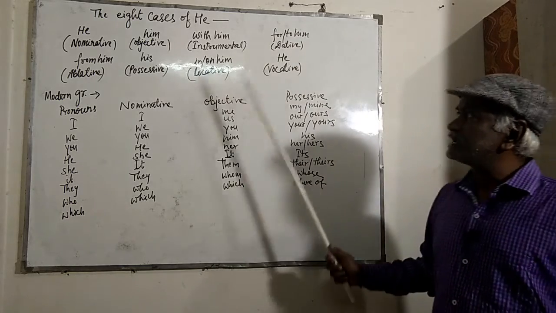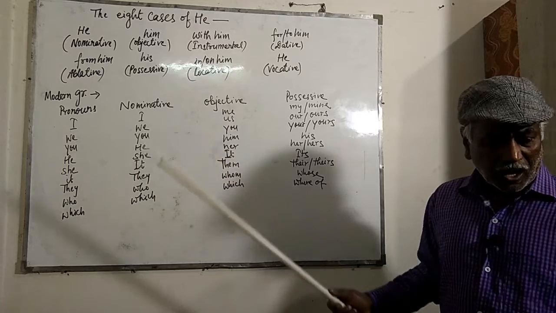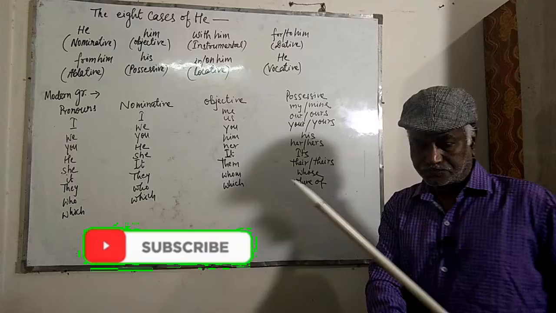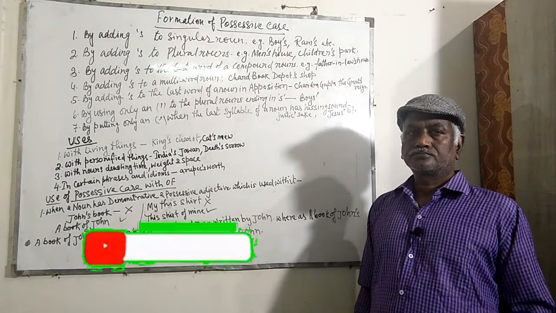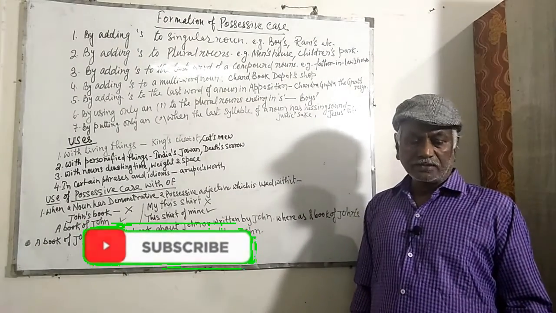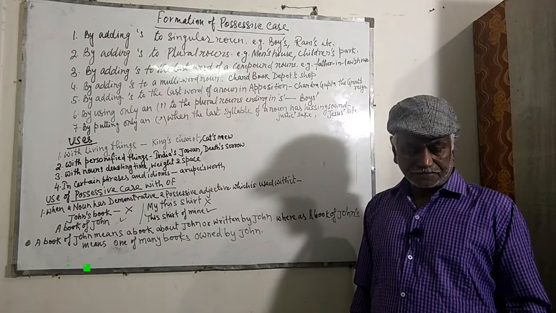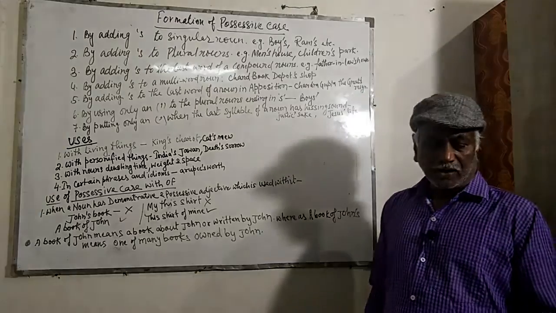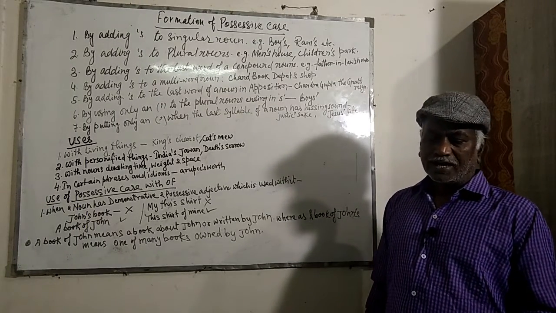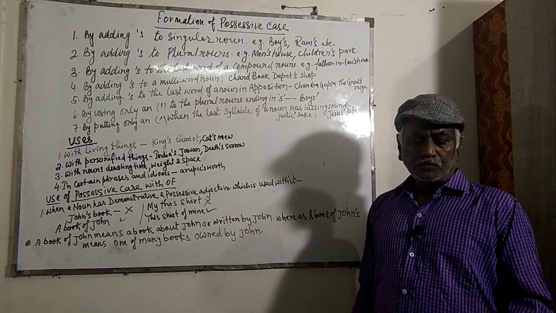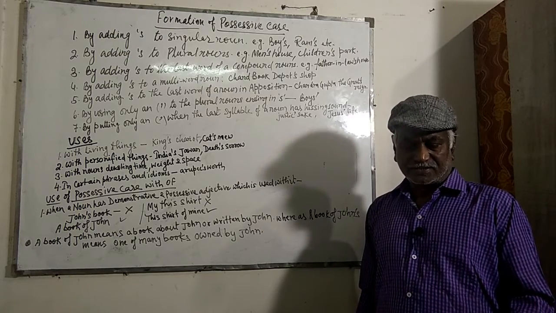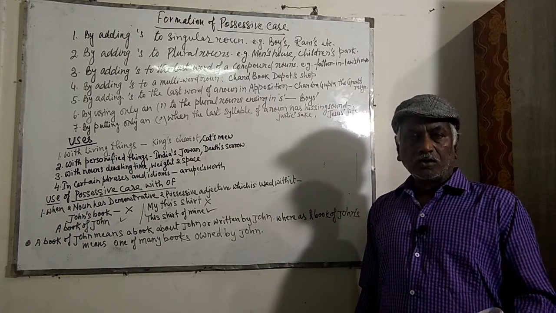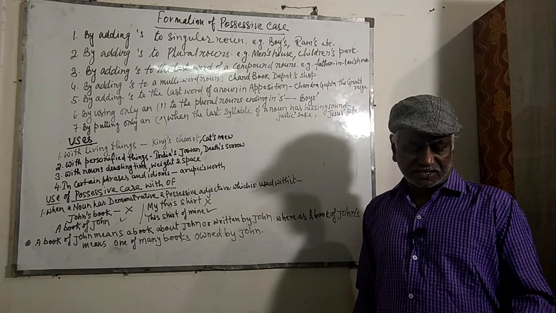Now, let us discuss how these cases are formed. Observing the above examples, we can conclude that a noun or a pronoun has only 3 different forms which are used in 8 cases. The 3 forms are used in nominative, objective and possessive cases.